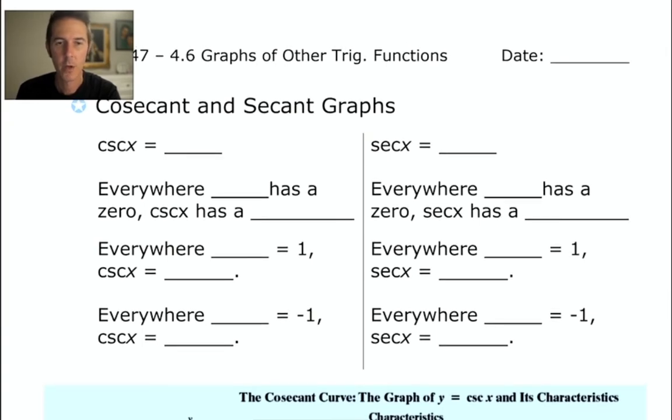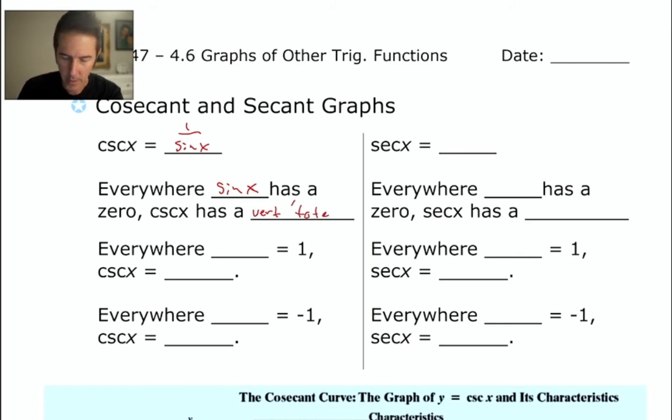That's nice. Remember that cosecant is the reciprocal of the sine function, so this is 1 over sine x. Everywhere sine of x has a 0, cosecant is going to have a, what's the reciprocal of 0? 1 over 0, which is division by 0, which graphically is going to show up as a vertical asymptote.